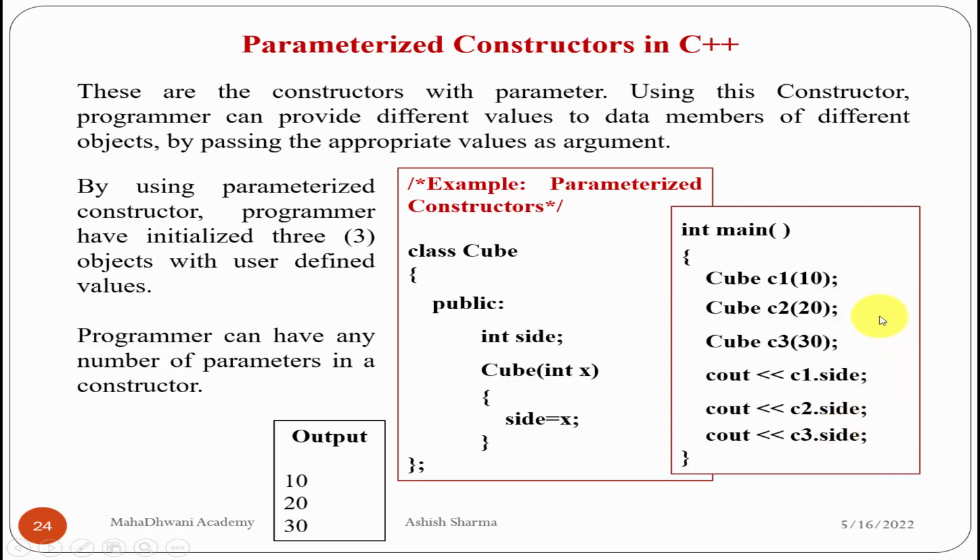So it will initialize different values for c1, c2, c3, and display the output accordingly. c1.side is 10, c2.side is 20, c3.side is 30. So we receive the output 10, 20, 30 as per the values initialized by the constructor cube for the objects c1, c2 and c3.